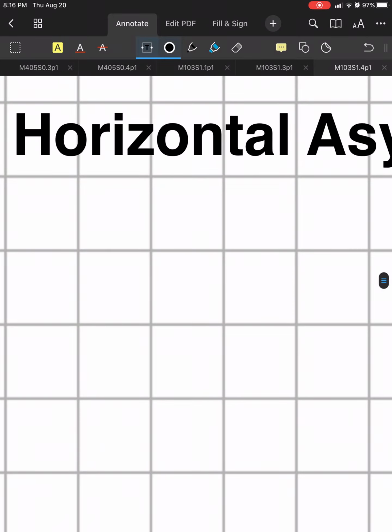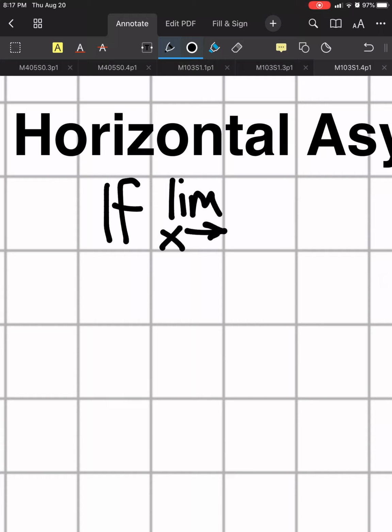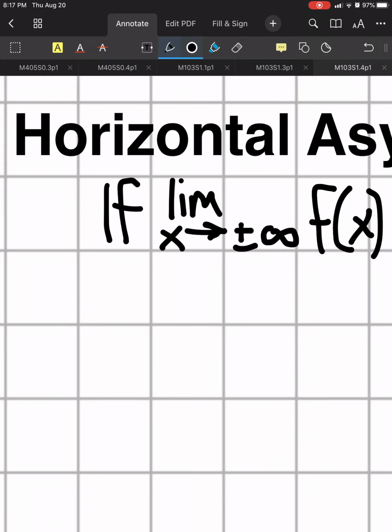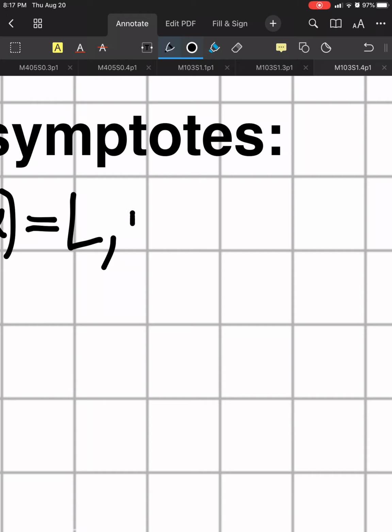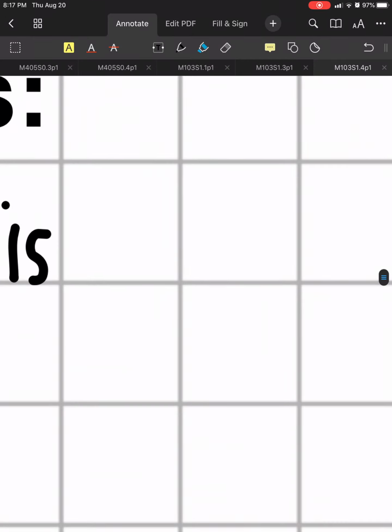And how we can talk about horizontal asymptotes is if the limit as x goes to plus or minus infinity, so if either of these limits equals L, y equals L is a horizontal asymptote for our function.